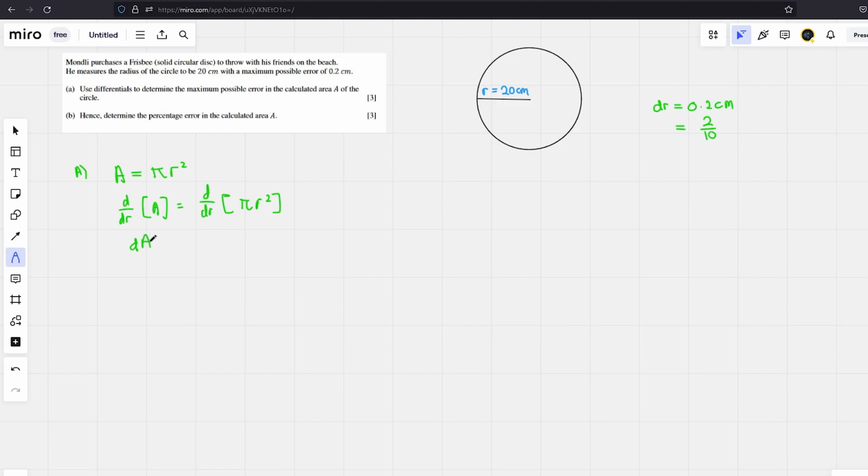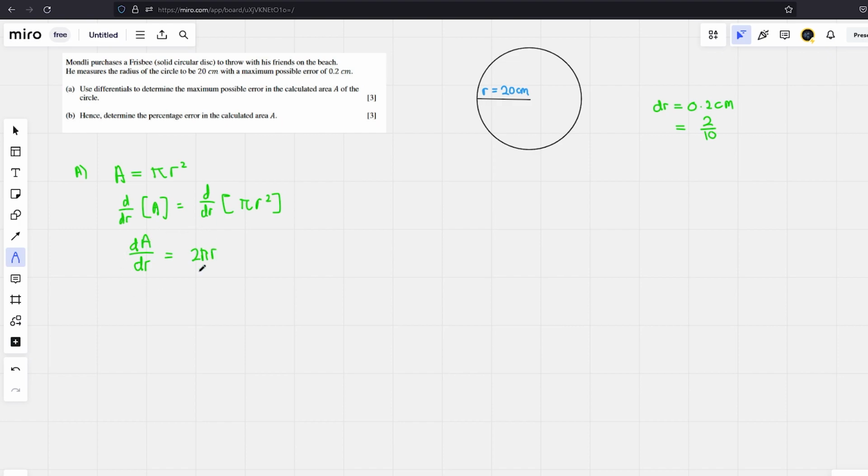And we get dA over dr is going to be equal to 2 pi r. So what does dA over dr mean? Well, this means how fast the area is changing as the radius changes.